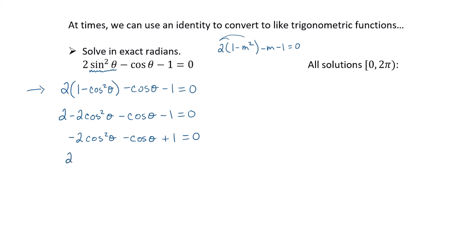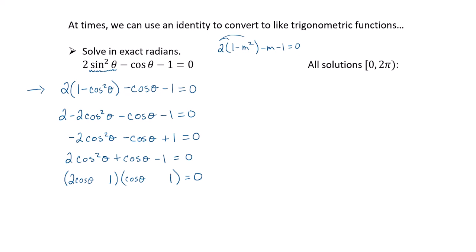Either way, that will give me a 2 cosine squared theta plus cosine theta minus 1 equals 0. And now we try to factor. So I know that my 2 cosine squared theta has to come from 2 cosine theta times cosine theta. And I know I'm going to have different signs.